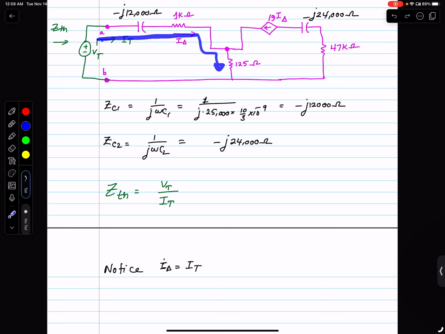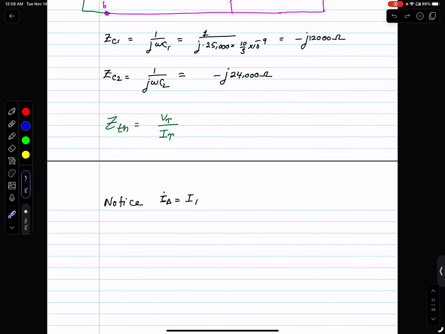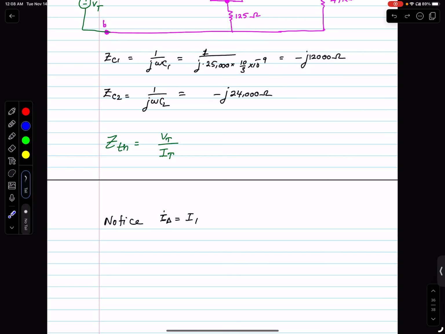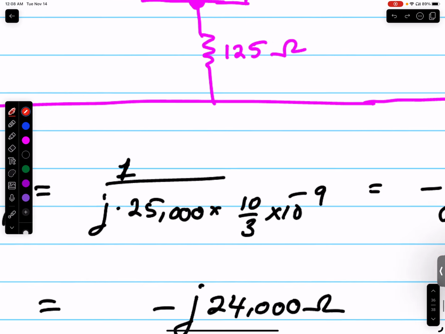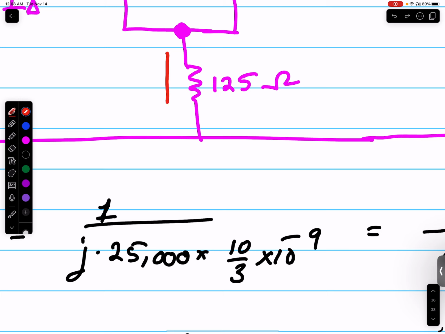Now, what is the current flowing through this 125 ohm resistance? Think about it. That is I delta coming in from here and 19 I delta coming in from here. So the current here is 20 I delta.